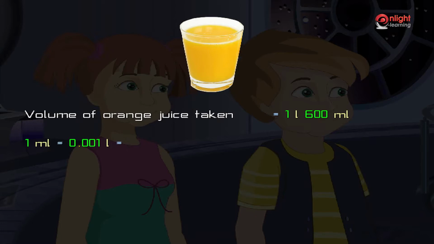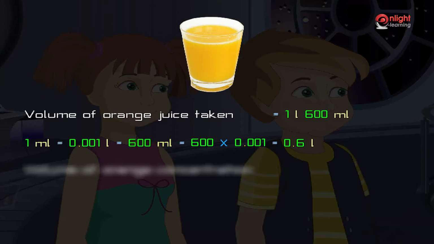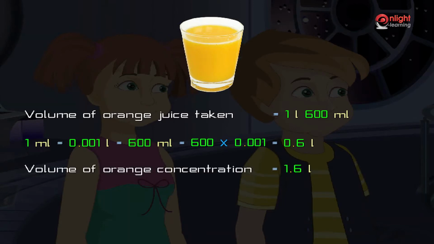So 600 milliliters is equal to 600 multiplied by 0.001, which is equal to 0.6 liter. Hence, volume of orange concentrate is equal to 1.6 liters.